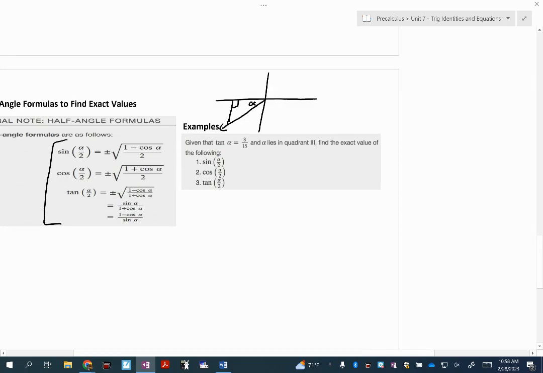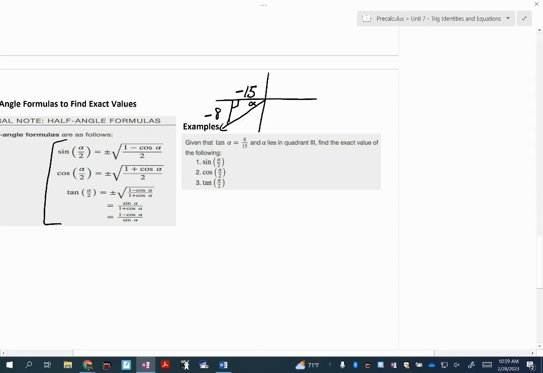Tangent is opposite over adjacent, so opposite side 8, adjacent side 15. But we should notice that we're going down in the y direction and to the left in the x direction, so they're both negative. That gets masked because when you divide -8 over -15, you get a positive fraction. That's why it can be a little tricky.